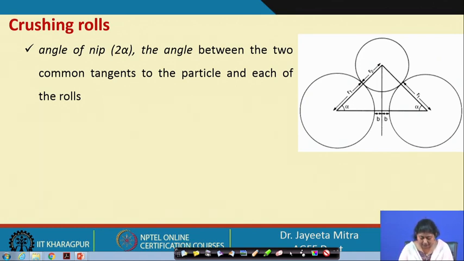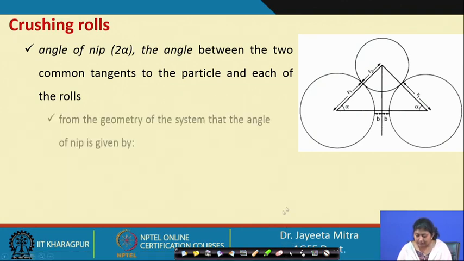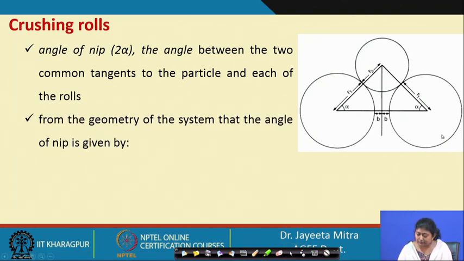Okay. So, here instead of that particle we have taken a roll which is representing the product, and here the roll of the crusher having the radius of r1, this one also r1, the second one also r1, because the dimensions should be similar. Okay.